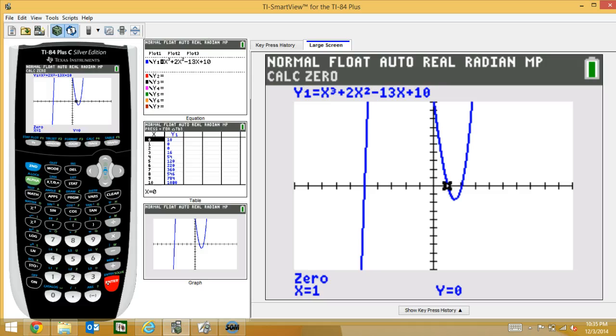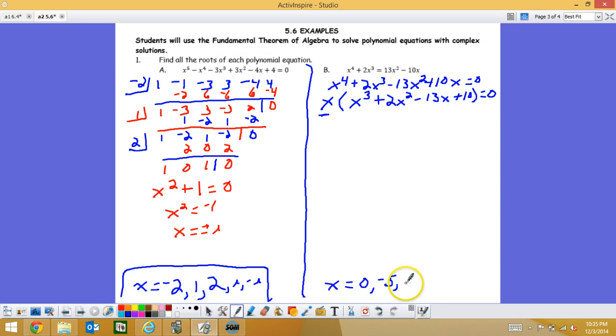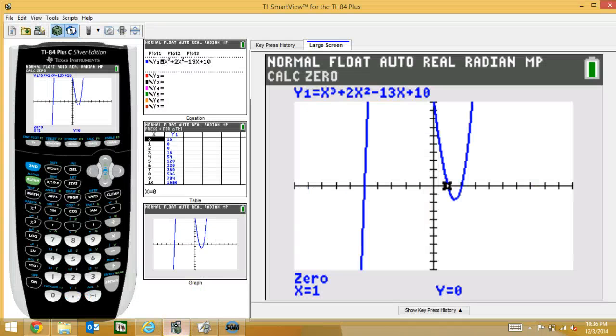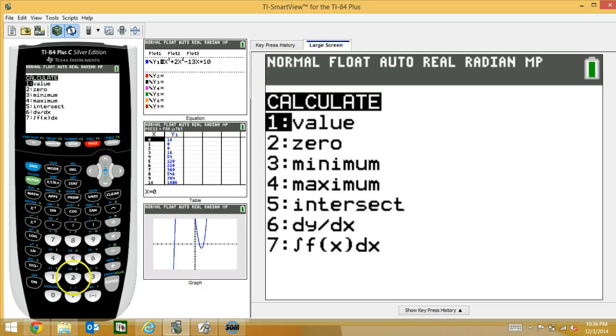It is 1, so we can just go ahead and put 1 there. And that last one, I'm guessing, might be 2. We can confirm that with the calculator. No sense doing any synthetic division if we don't have to.